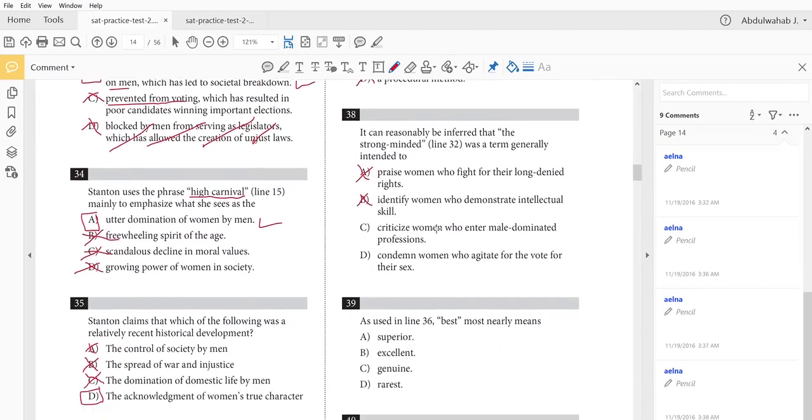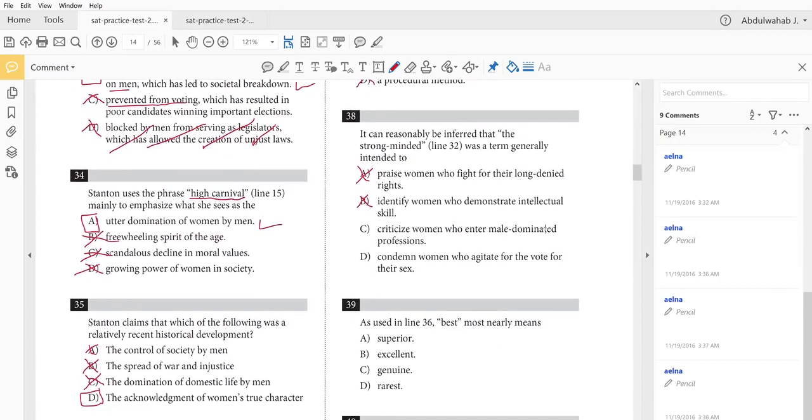Criticize women who enter male-dominated professions? Again, not really. I mean, here they're criticizing women for wanting to become like men. So condemn women who agitate, who want the vote for their sex, who want to vote for their own gender, for women. So this looks like the best answer.